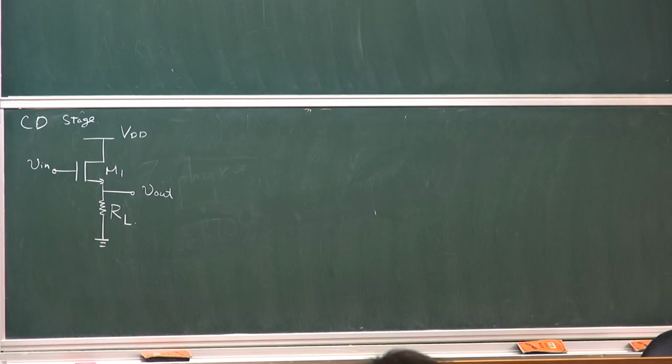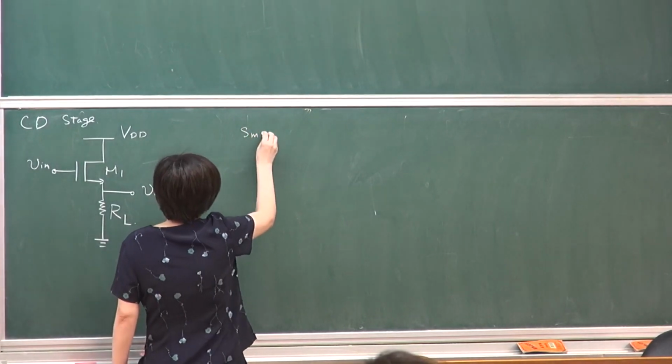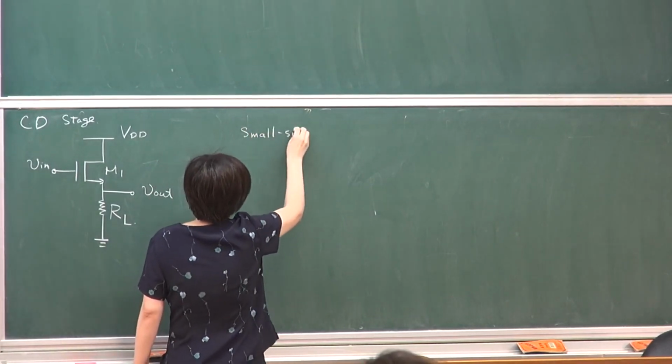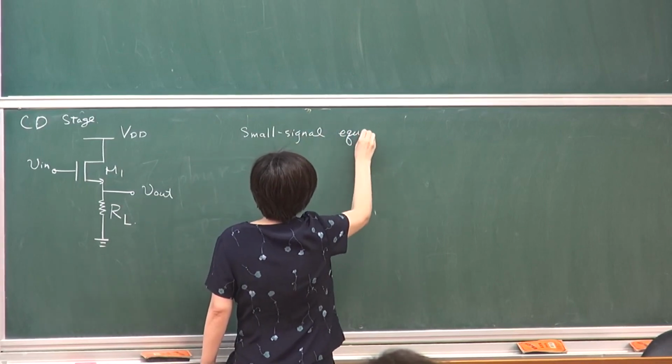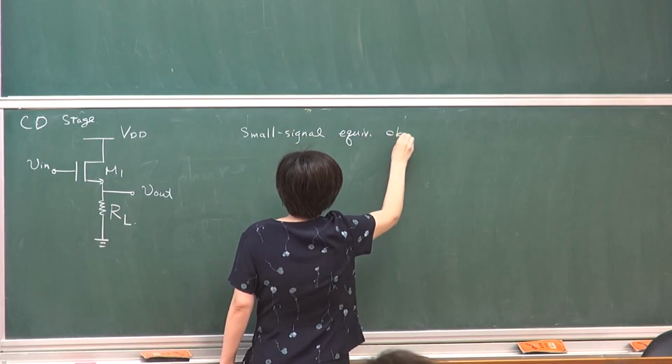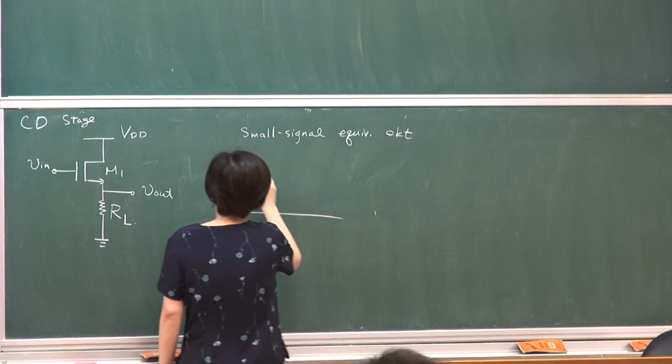So to analyze the performance or behavior of this stage, we're going to use the small signal equivalent circuit. Of course, you can draw that very easily now.